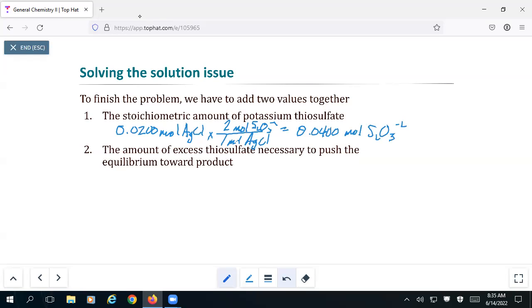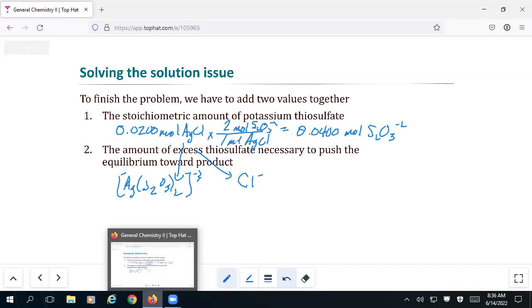So if I have 0.02 moles of silver chloride, remember, this is going to turn into the complex in one area and the chloride ion in the other in a one-to-one fashion.